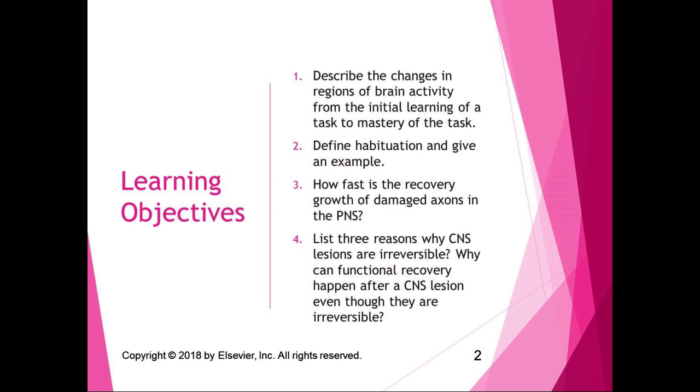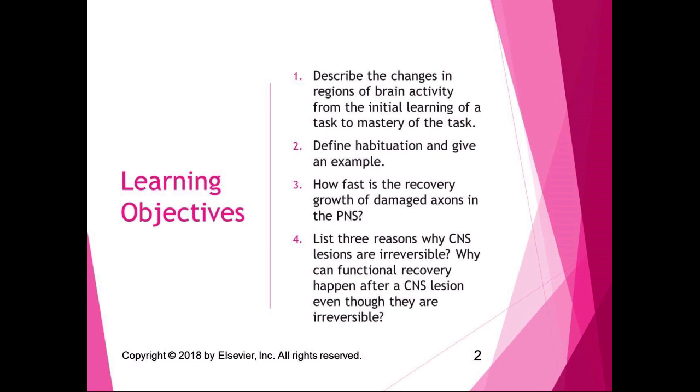I want you to be able to describe the changes in regions of brain activity from when you're initially learning a task to when you have mastered the task. And there's a difference. I want you to be able to define habituation and give a practical example of it. How fast is the recovery growth of damaged axons in the peripheral nervous system?